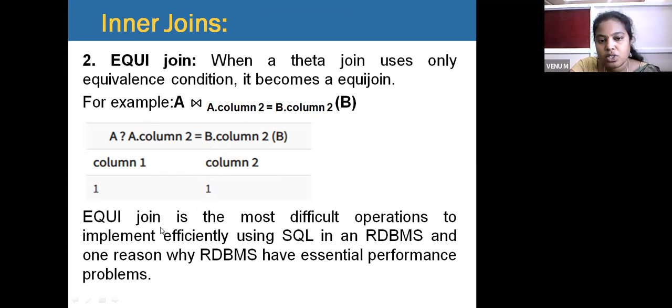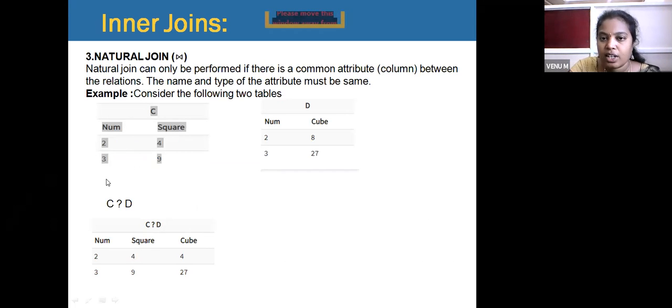Equijoin is the most difficult operation to implement efficiently in SQL. Natural join, I already told you what it means: the common fields have to be identified and then one of them removed. There is no need for the common field twice, because both have the same data type and the same column name.